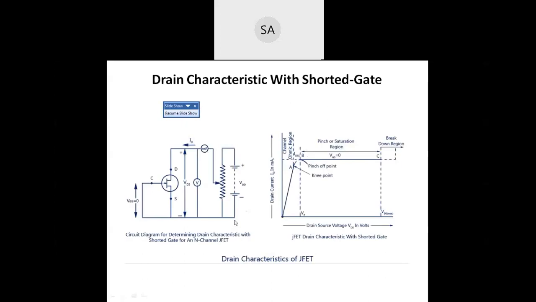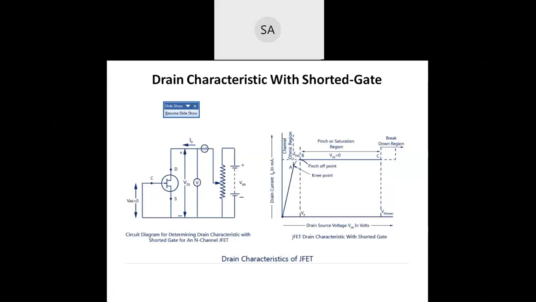This first diagram is the circuit of the JFET to draw the output characteristics. In the first stage, we are making VGS zero, that means we are not providing any supply voltage for the gate to source, and we are applying the drain to source supply.